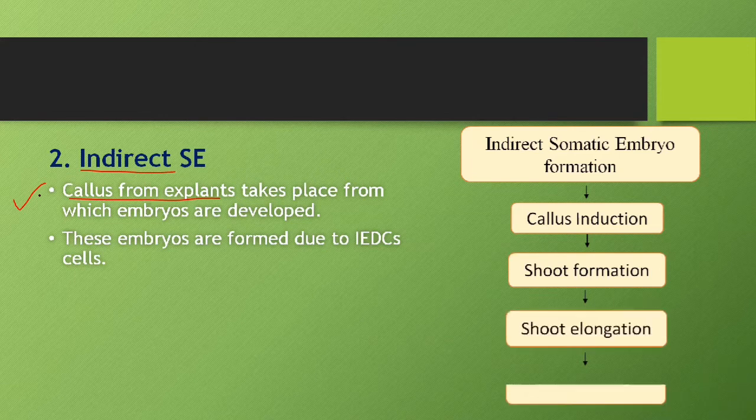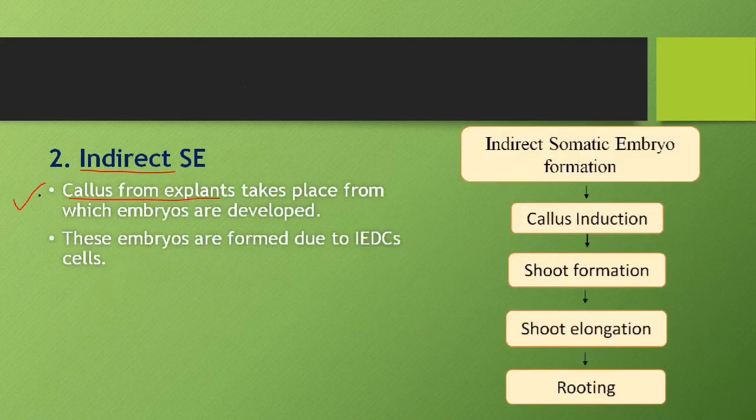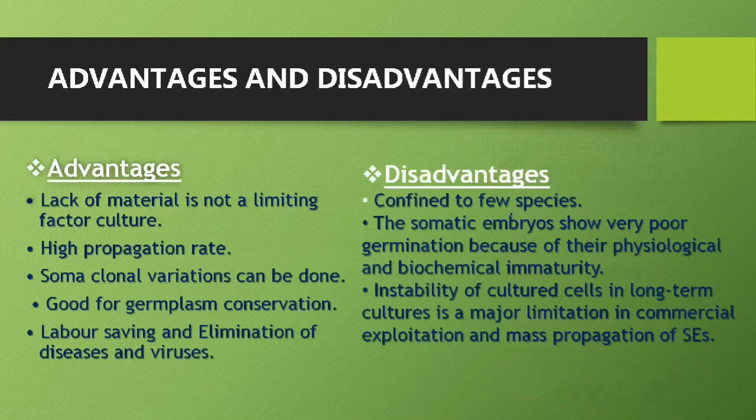So in this indirect type of somatic embryogenesis, callus formation is seen, and then shoot and root formation is seen, and then they are released onto the field or to the greenhouse. All right, callus is formed in this type of somatic embryogenesis.